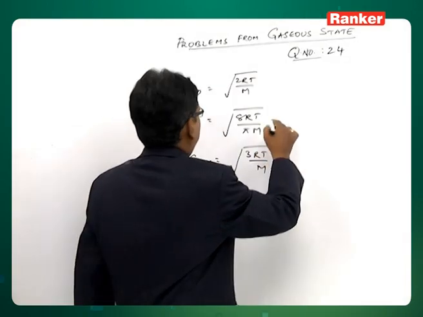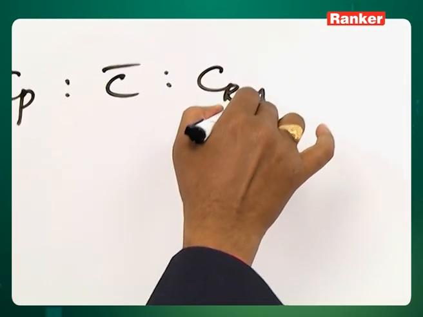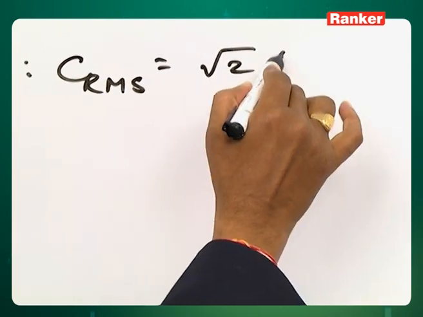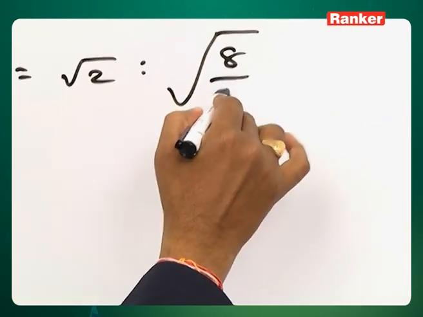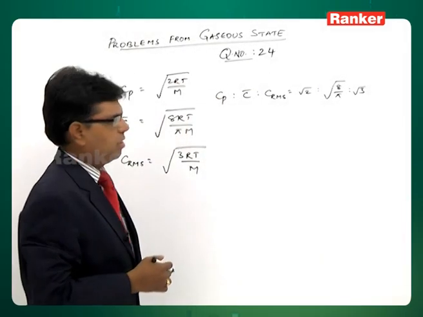So the question asked is the ratio of all the three. Cp is to C bar is to C RMS is equal to under root 2 is to under root 8 by pi is to under root 3.